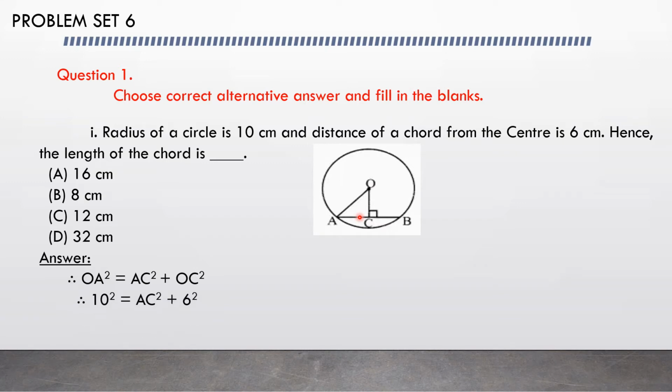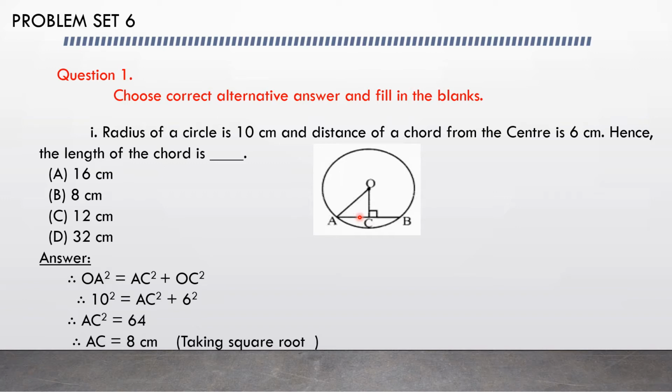Therefore 10 square is equal to AC square plus 6 square. Therefore AC square is equal to 10 square minus 6 square, that is equal to 64. Therefore AC is equal to square root of 64, that is 8 centimeter.